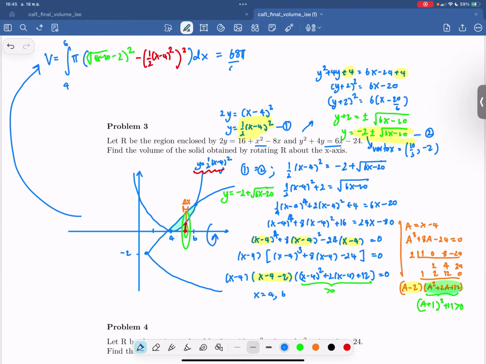You have to square and then integrate using the basic formula. Okay, is there any question?